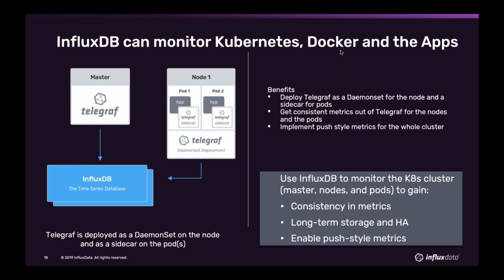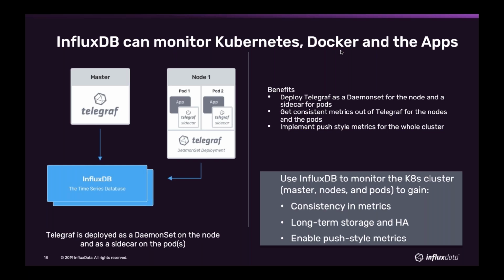Yeah, since we are talking cloud native, let's be honest, cloud native for a lot of people incorporates Kubernetes and Docker. And this is an example of how you can ingest data from your cloud native app and how to use InfluxDB with different stacks. So here we have the Kubernetes master node, and we have a node with 2 pods set up.